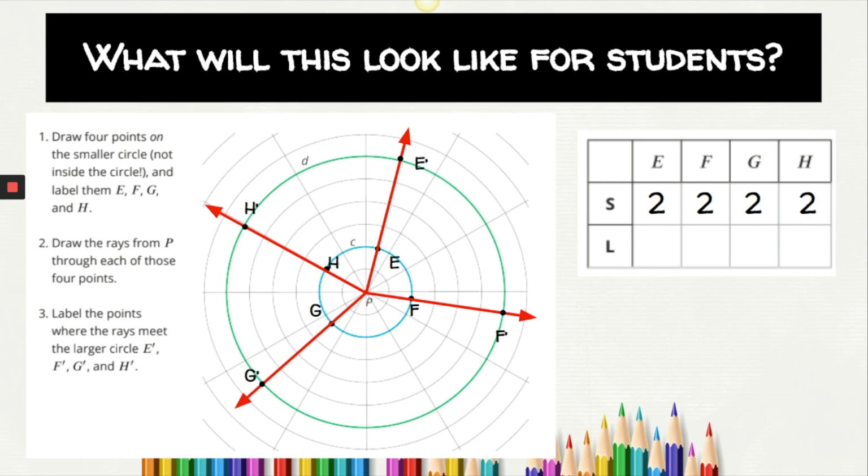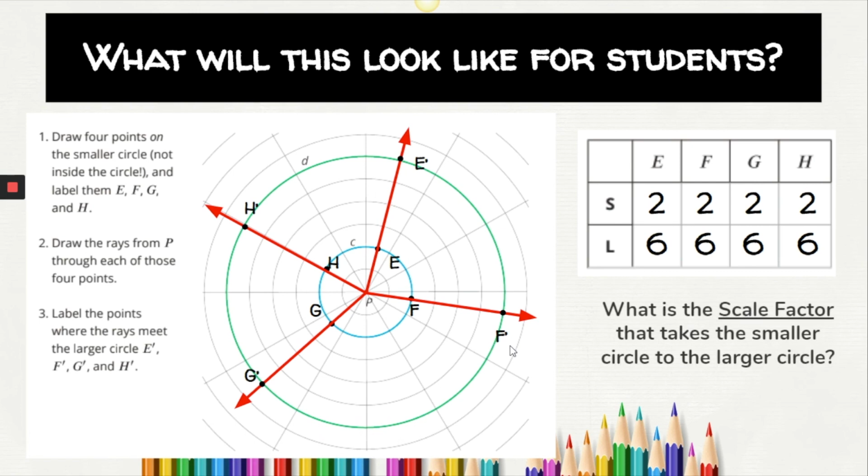And remember, in step 1, it said to draw it on the smaller circle, not inside of it. Next, if we count the distance from any of these points on the larger circle from the center, 1, 2, 3, 4, 5, and 6. So all 4 points are 6 units from the center.